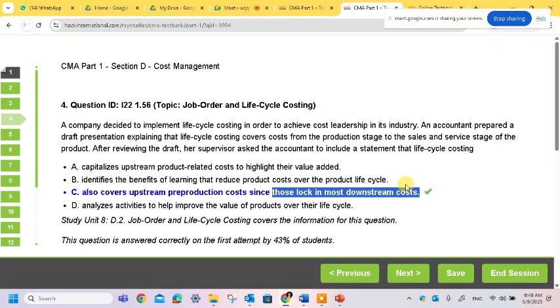So how much you are going to incur in the manufacturing phase is decided at the design phase. If you design a product more complicated, the cost is also going to be more. If you design a product which is less complicated, then in the manufacturing phase the cost is also going to be less. So your upstream activities lock in most of the downstream costs.